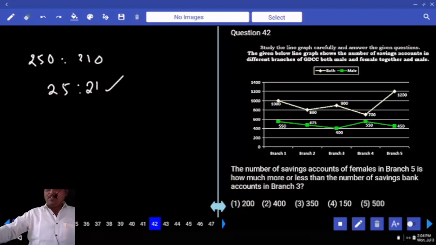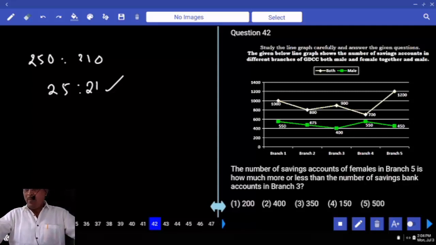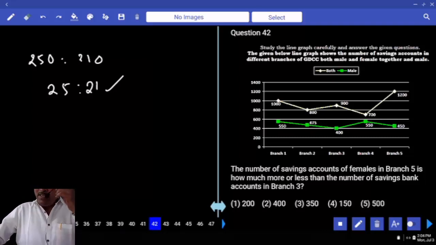The number of savings accounts of females in branch 5 is how much more or less than the number of saving bank accounts in branch 3? Right. So first of all, we have to calculate female accounts in branch 5. In branch 5, the total accounts are 1200 and male accounts are 450.